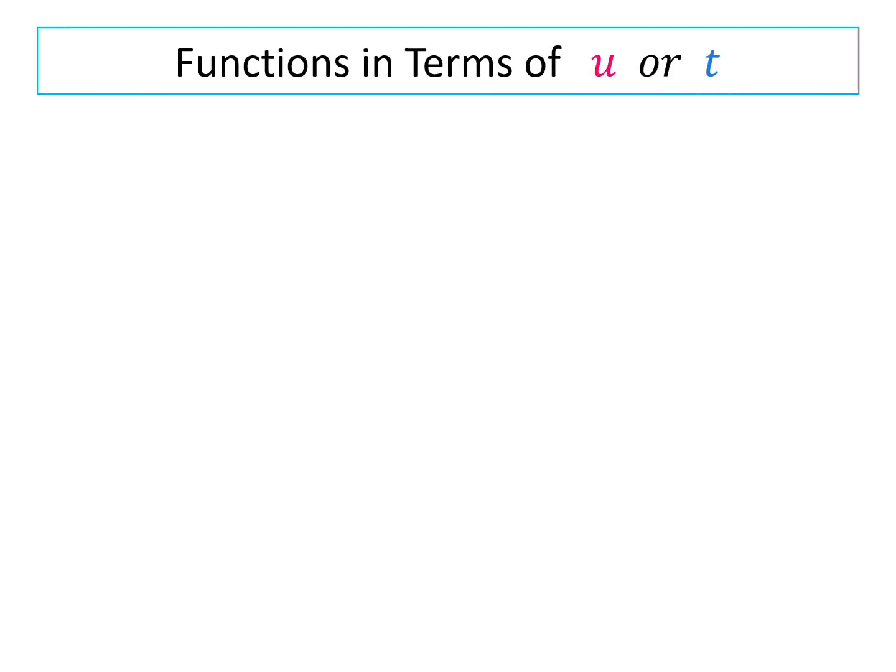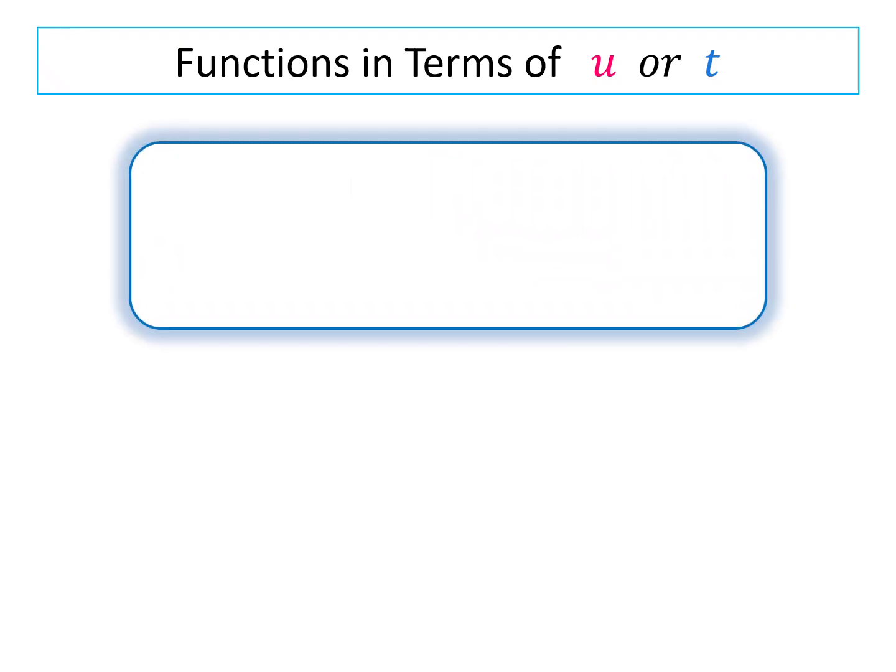Now functions in terms of u or t. So long we were discussing functions in terms of x only. Now here, since the expression is in terms of u on the right hand side, we'll write f of u, function of u. Here the independent variable is u.